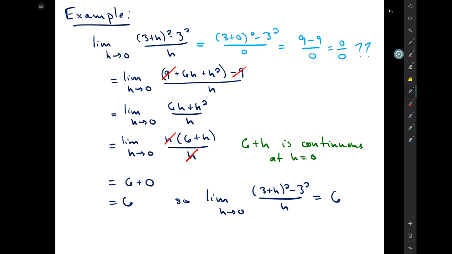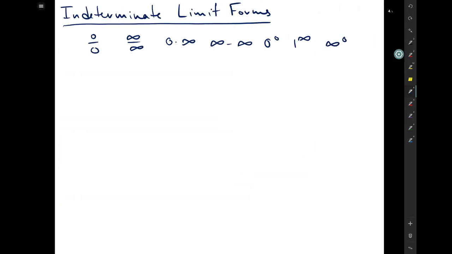But let's look at a general rule that this example and the last one imply. There are these things called indeterminate limit forms. We try to evaluate our limit, and we get an expression that doesn't make sense. In the past two examples, both of them had the form 0 over 0.